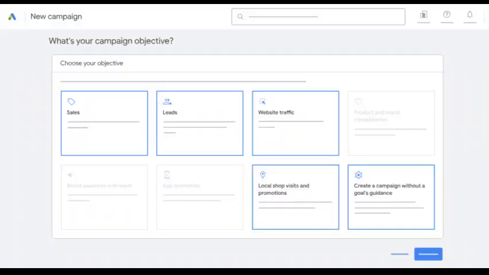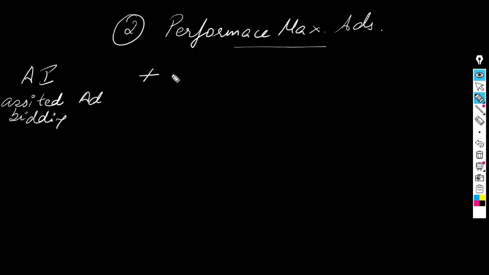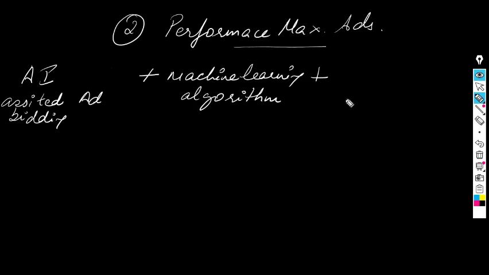Number 2, as we discussed, was performance max ads. By the name itself you can make an estimate that performance max talks about where you want the maximum result. It's more result driven kind of an advertisement. But it involves a combination of AI, the artificial intelligence assisted ad bidding strategy, plus the machine learning algorithm, plus the information given by you.